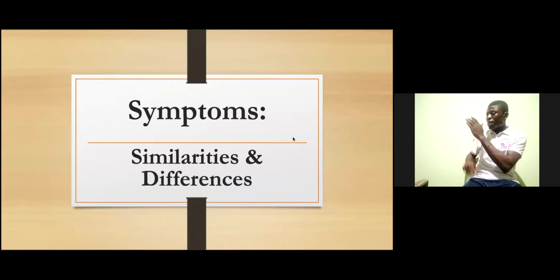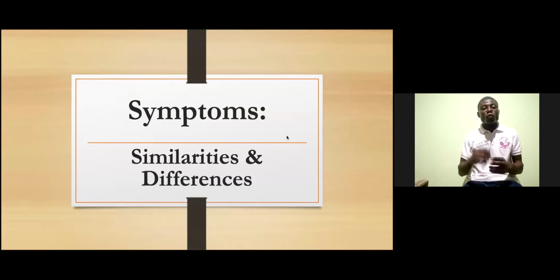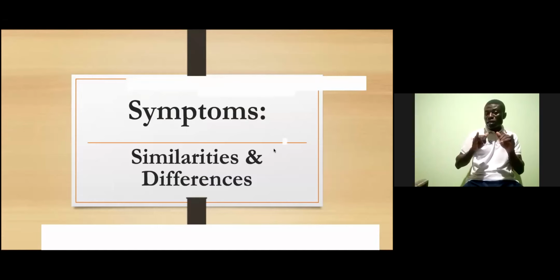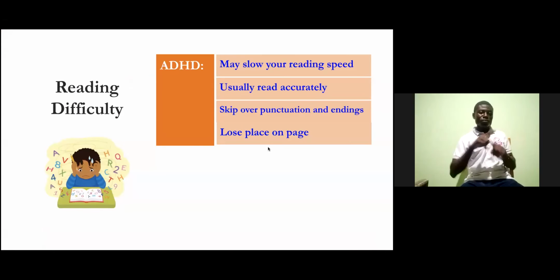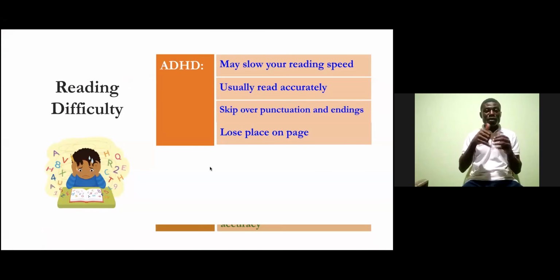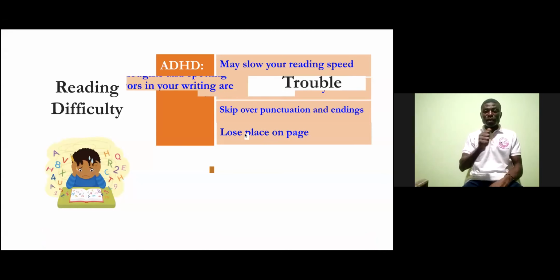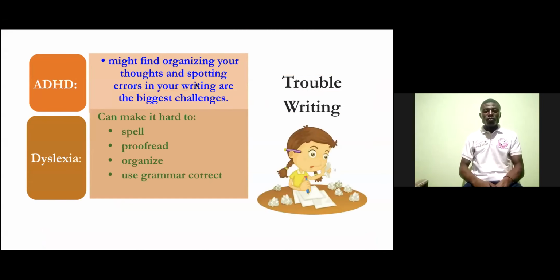So what are the similarities and differences between the symptoms of ADHD and dyslexia? In ADHD, children might find organizing their thoughts and spotting errors in their writing the biggest challenge.